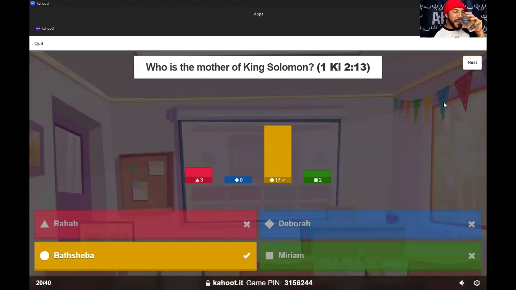Bathsheba. Clearly stated in verse 13 of 1 Kings chapter 2. Came to Bathsheba, the mother of Solomon. Good job.